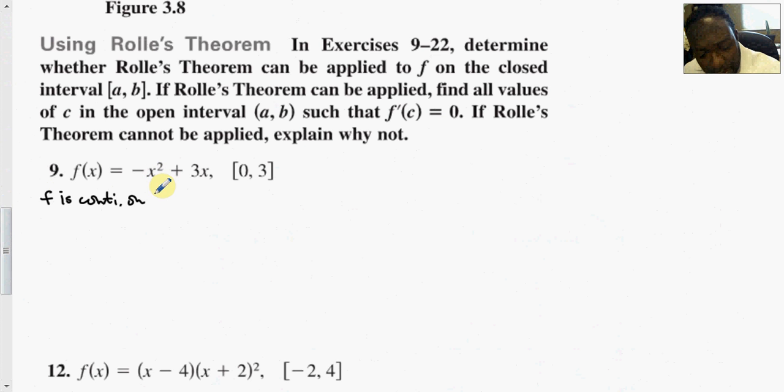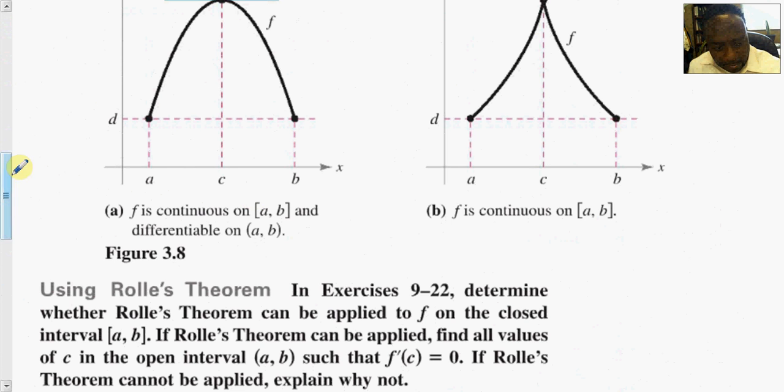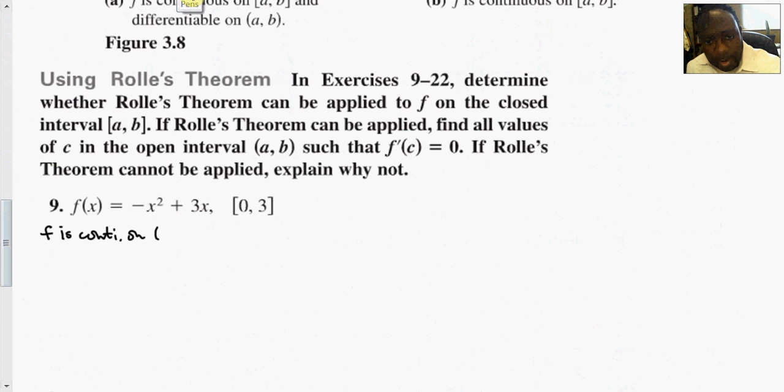It's continuous on the closed interval from a to b, and it's differentiable on the open interval. f is continuous on the closed interval [a, b], and notice here that f is differentiable. This is a smooth parabola, and f is differentiable here on the open interval (a, b).